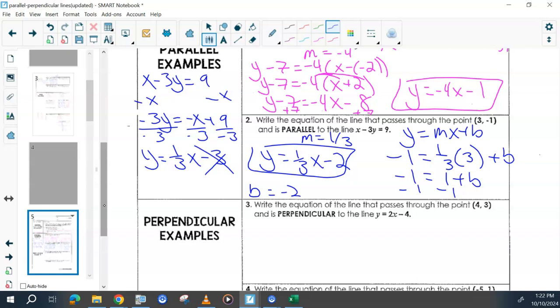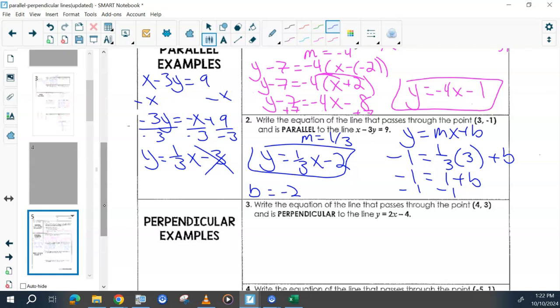And this would be parallel to the original with a different y-intercept. Do we have any questions, confusions on that so far? So both of the examples we just did were for parallel.